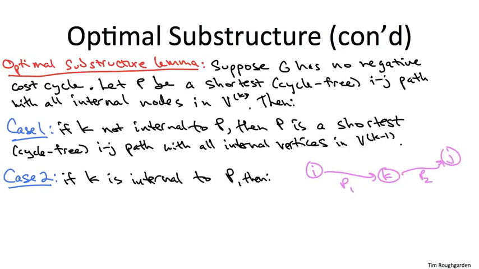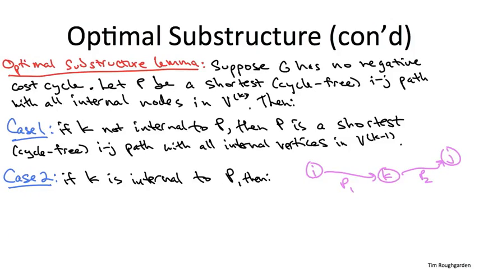Now, here's what's cool. On this path P, the internal nodes between i and j all lie in 1 through k. Moreover, this path P, remember, is cycle-free, so the vertex k appears exactly once, not more than once. So therefore, if we split the path P into these two parts, P1 and P2, internal to P1, strictly in between i and k, there's only vertices between 1 and k minus 1.